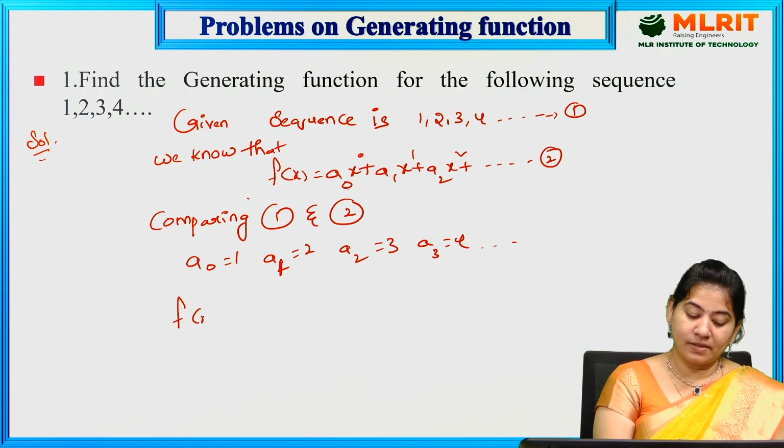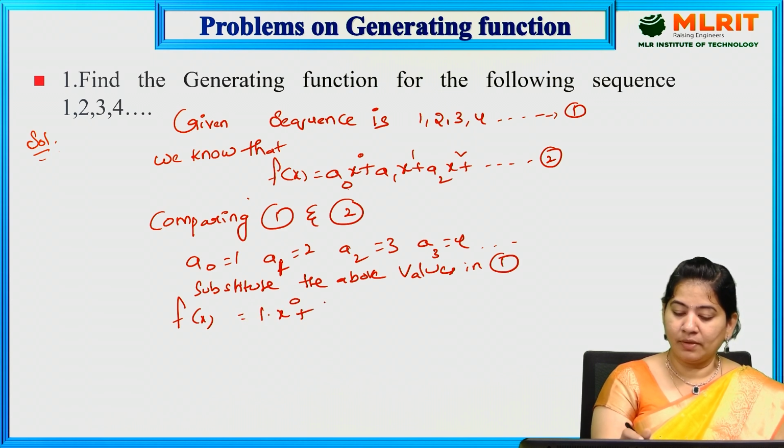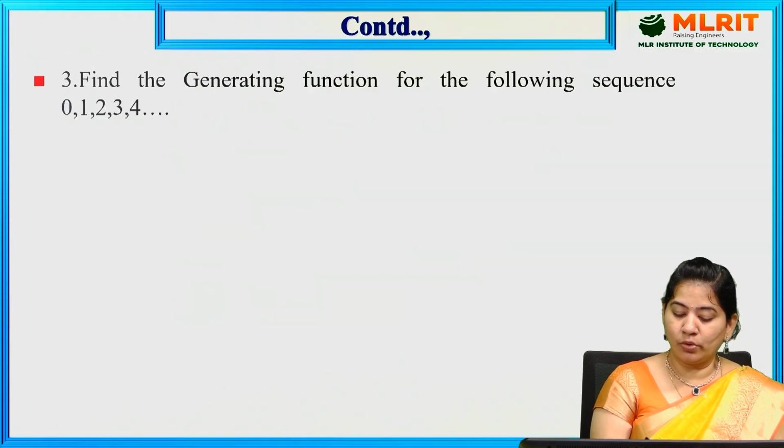f of x is equal to, so just substitute the above values in 1. So here then you will get A0 is nothing but 1 into x0. A1 is 2, 2 into x1.